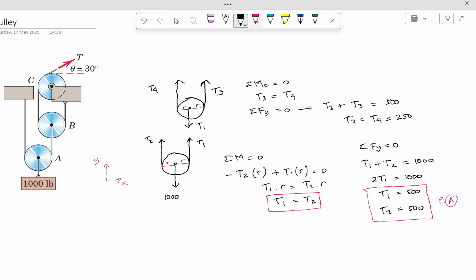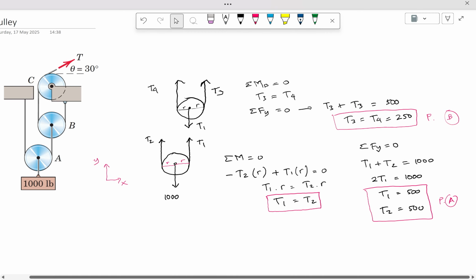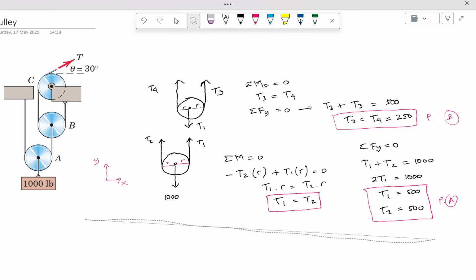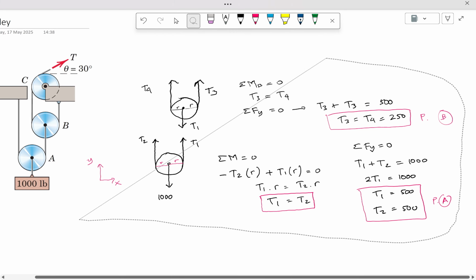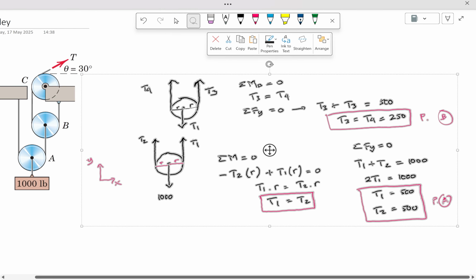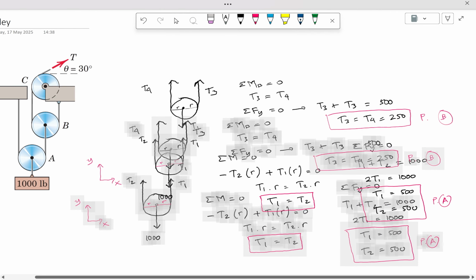That's the second finding because of pulley B. All right, and then what else? Let's move this a bit downward.